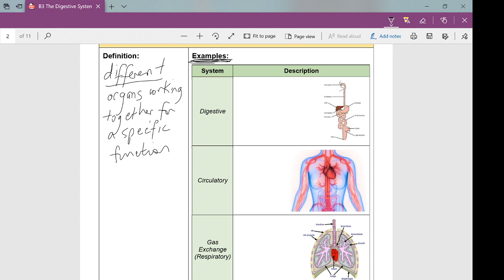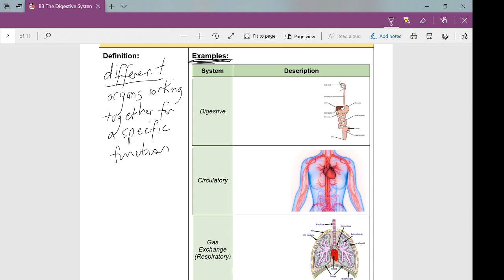In year 10, you may have already gone into a bit more detail, but the first one in this chapter that we're talking about is the digestive system. Later on in paper 1, you're going to be talking about the circulatory and the gas exchange systems. But these are the big three, but be aware of the others.